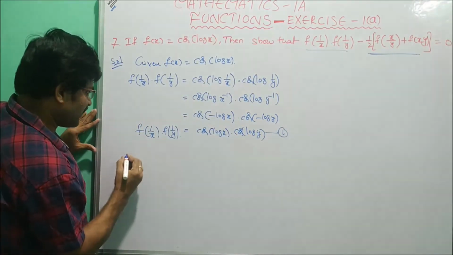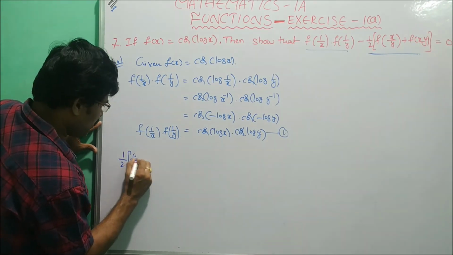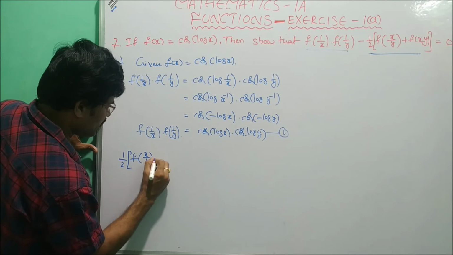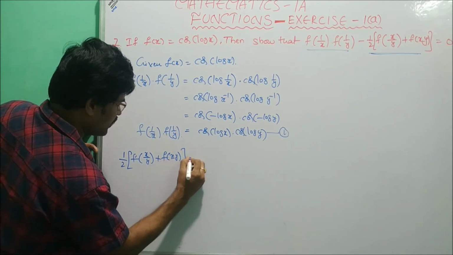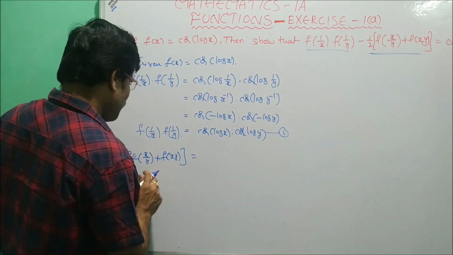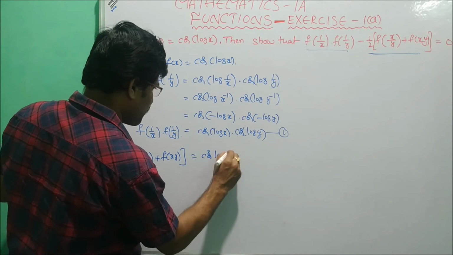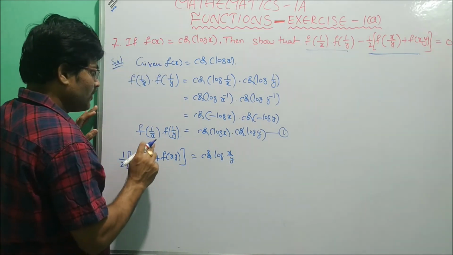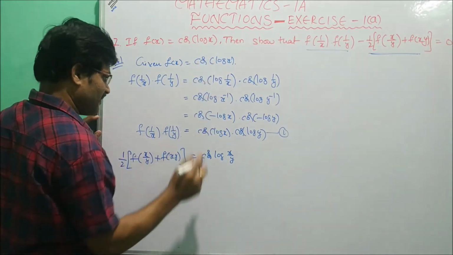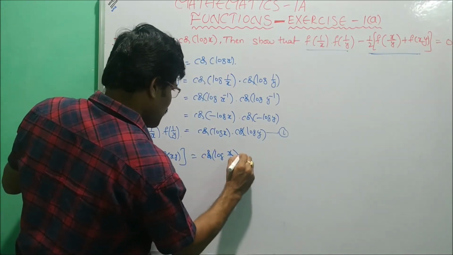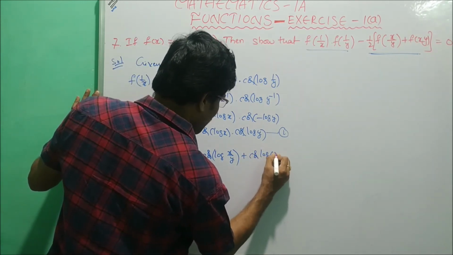We take the second term, 1/2 into [f(x/y) plus f(xy)] equals, here we write cos of log x/y. Here x/y is replaced by x and xy is replaced by x, plus cos of log xy.